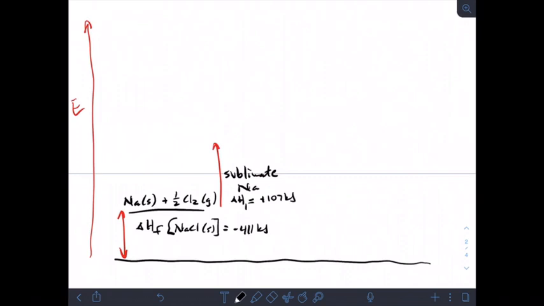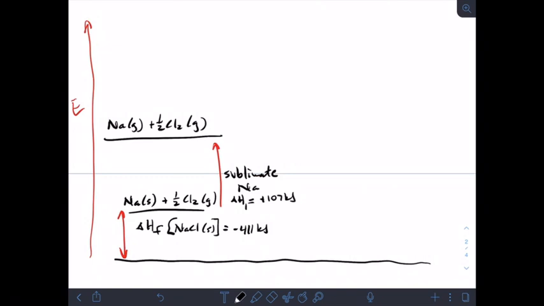So now I'm at sodium gas and chlorine gas. Great, cool. Now step two is to atomize. I need everything as single atoms. Right now I've got this 1/2 chlorine gas here, but technically it's still Cl2, and I want it to just be Cl.